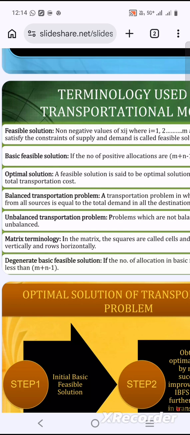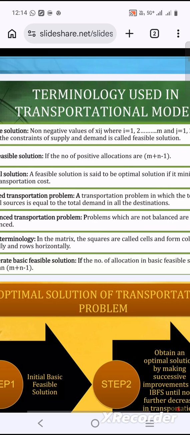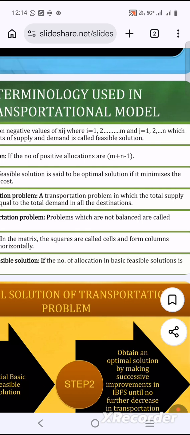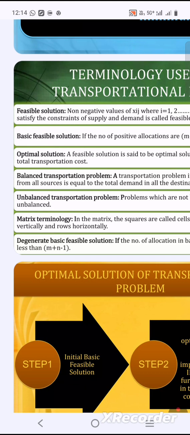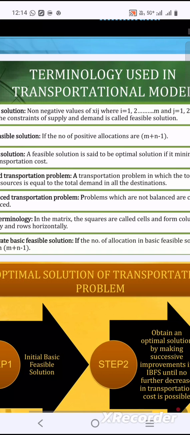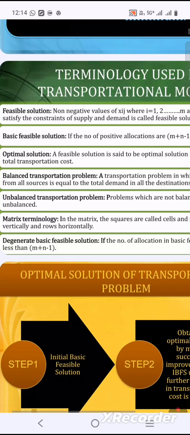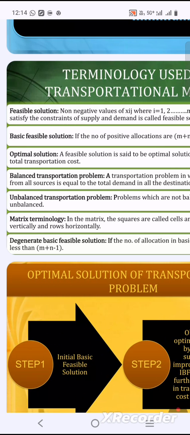In matrix terminology, the squares are called cells, and they form columns vertically and rows horizontally. A degenerate basic feasible solution is one where the number of allocations is less than m plus n minus 1.